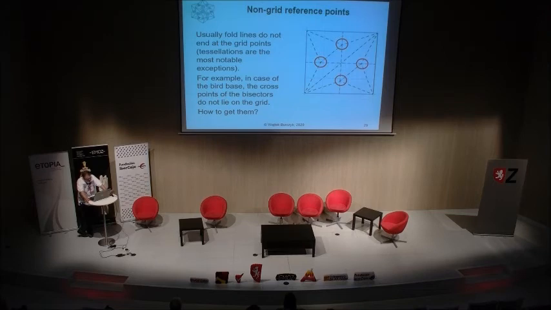It is not a usual case in tessellation, but just in the very simple case of the bird base, the crossing points of the bisectors or 22.5 degree lines do not lie on the grid. So how can we construct our own grid with such points?